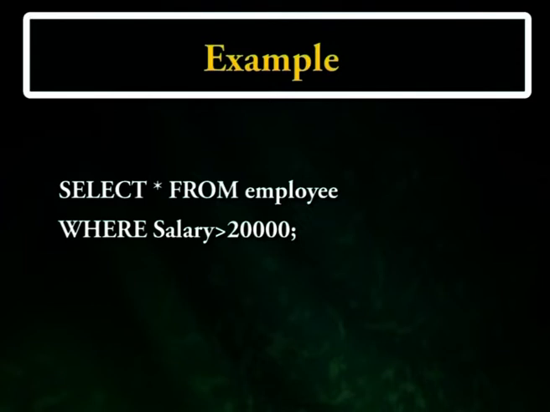This statement will return the data of those employees from the employee table whose salaries are greater than 20,000. And moreover, we have not mentioned any column names. So, this statement will retrieve all the columns of the employee table.